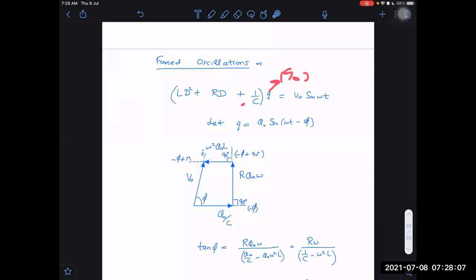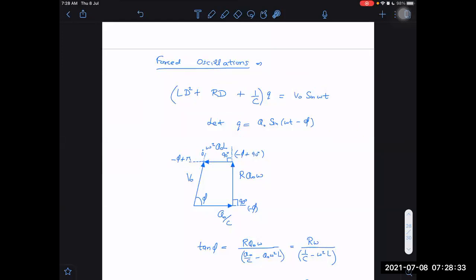If I take Q naught, then this term will give us 0, and that 0 can be added with this. So other than this, I can have some Q naught also here, because that also will be satisfying the same equation. Is it true or not? If I just take Q naught here, no, it's not satisfying. Q naught by C will appear, which will not satisfy this.